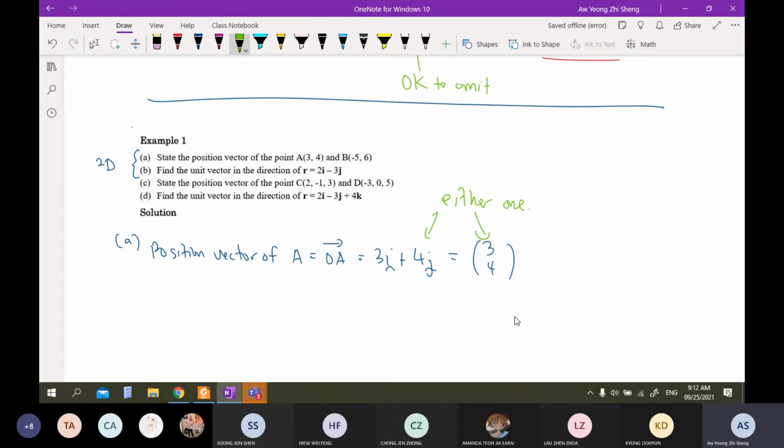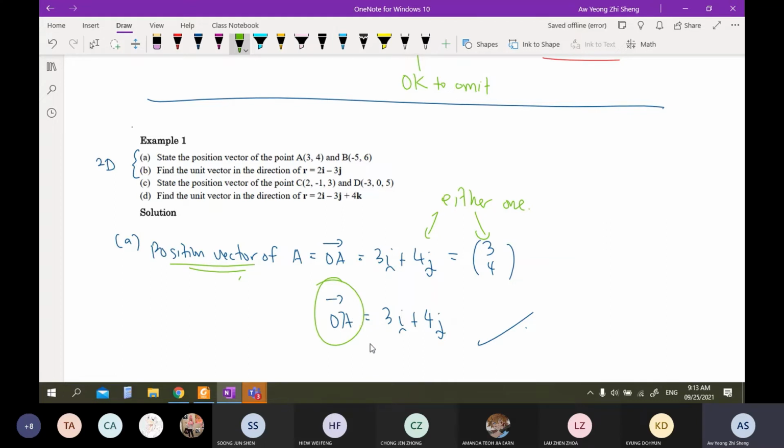Also, when you present your working, if you just write OA equals 3i plus 4j, it's actually good enough, because a vector directed from O to A will be understood as the position vector of A, even if you don't mention the word position vector.